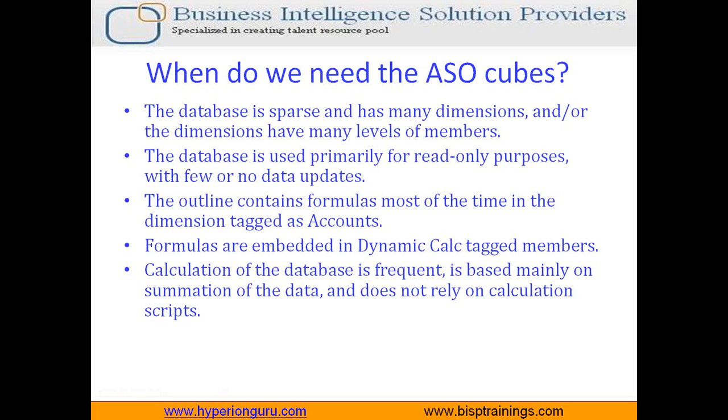So ASO is basically used to increase the performance in reports as well as in Excel add-in, and for rapid aggregation. If you have a lot of metadata and you want that to be aggregated very quickly, and you don't want to perform the calculation explicitly, then you would use the ASO cubes.